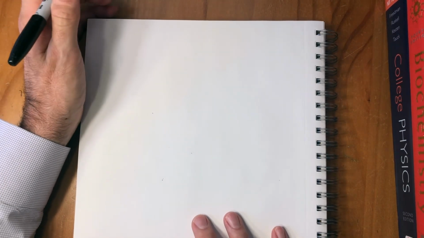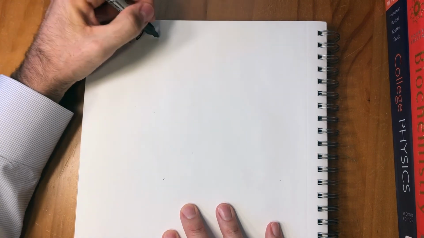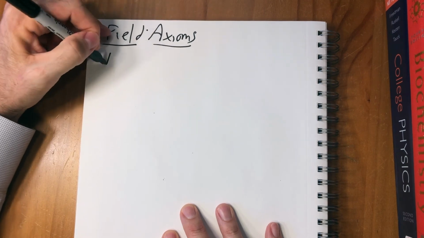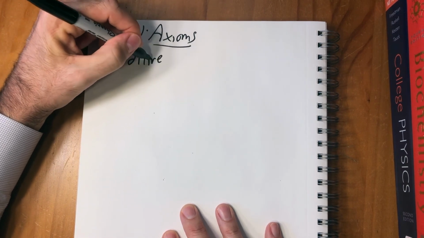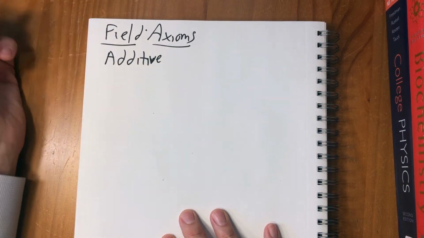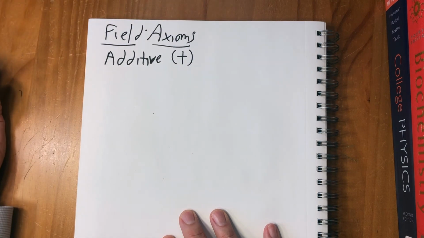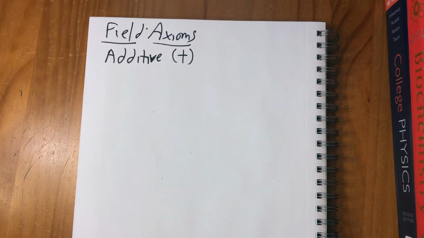So there are three sets of axioms for fields. There's the additive, which we usually call plus, but it doesn't have to be because they're abstract. So you can make a field that has any operation you want.